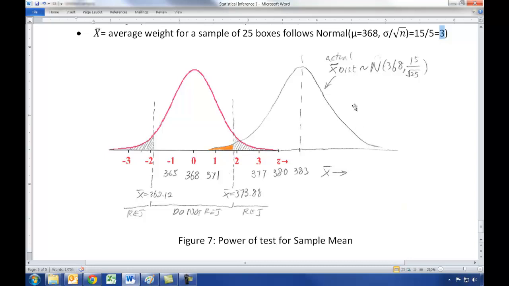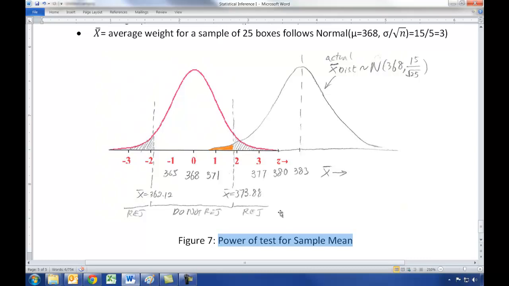So by using the sample mean for conducting the hypothesis test, the resulting test is a much more powerful test, meaning we have much more power to reject the null hypothesis when it's false.